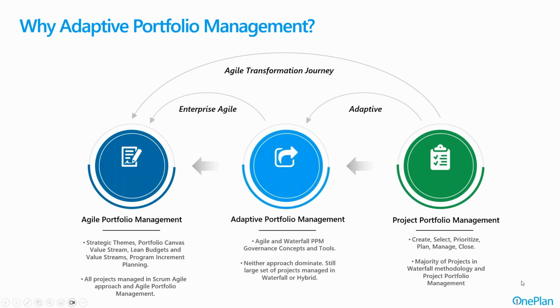At a minimum, this adaptive portfolio management, which is a blend of tools, blend of methodologies and frameworks of both agile, waterfall, and hybrids, you'll spend at least some time in this adaptive state where you'll have one foot over here in the more traditional, another foot over here in the agile. But the analysts are now finding that in this age of agile transformation, the vast majority of organizations find themselves in some measure of adaptive all the way through. So it's important to be able to accommodate that if you want to have a comprehensive portfolio management solution.